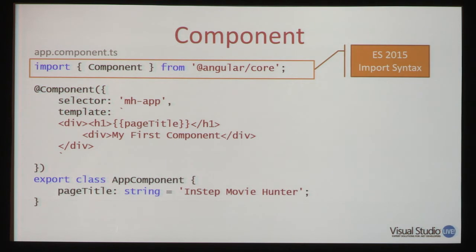So that line is really no different than using System.ComponentModel or using System.Data or using System.Linq, whatever. So it's very, very similar to that, but instead of System.something, it's @angular/something, okay? So this looks, again, when you actually break it out, very similar to what we're used to.